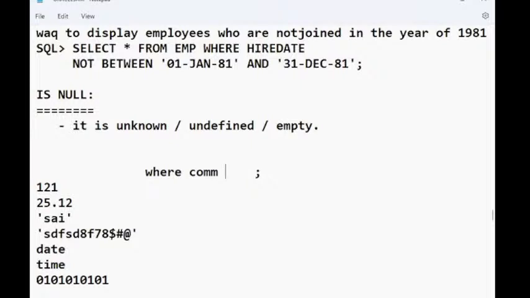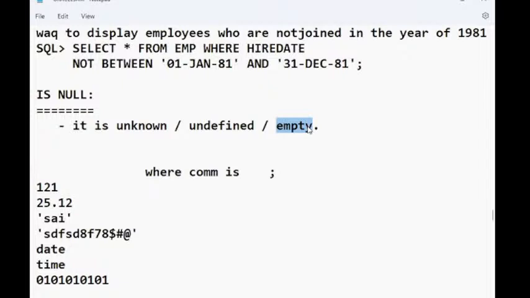So that is the reason they introduced one special keyword and operator: IS. Commission is empty. Which employees have empty commission? Those people I need to retrieve. IS is the one special operator introduced for comparing empty blocks. In a specific column of your table, are there any empty blocks or not?